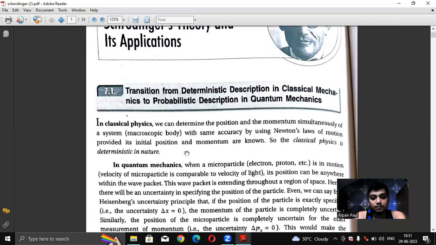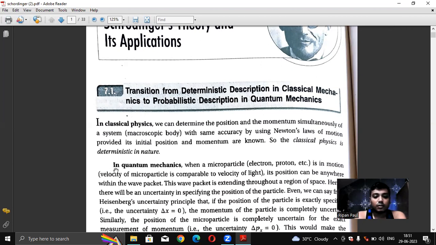In Heisenberg's uncertainty principle, you will find that position and momentum cannot both be found, they are unknown, but here it is written known. So classical mechanics is deterministic in nature. In classical physics it is said known, while in Heisenberg you will find that this is unknown. That is the main difference here.